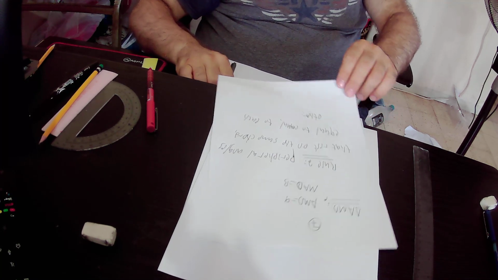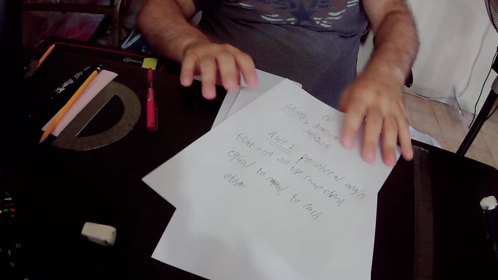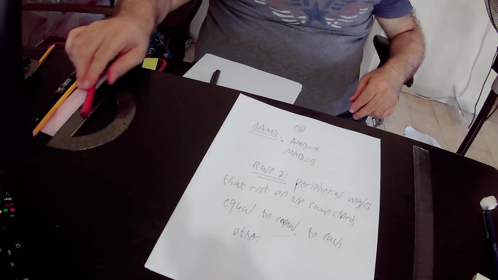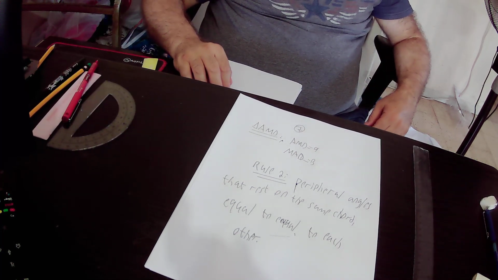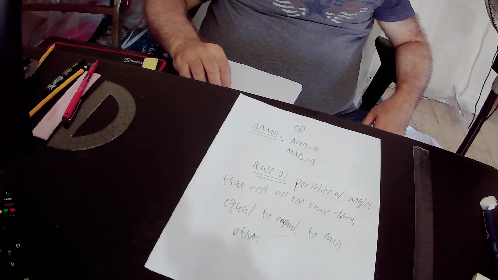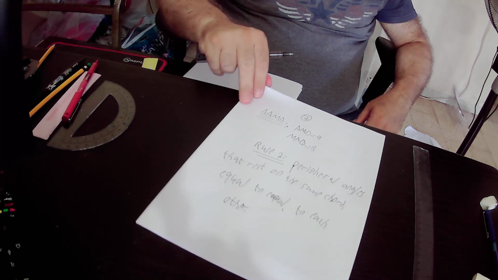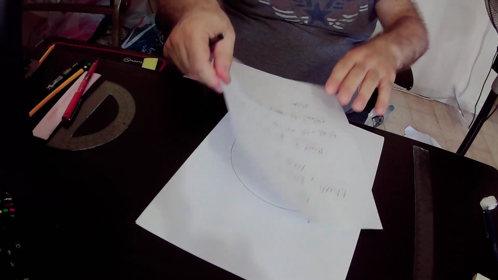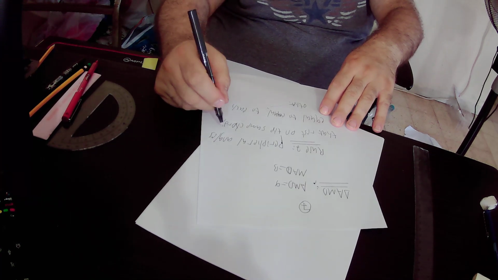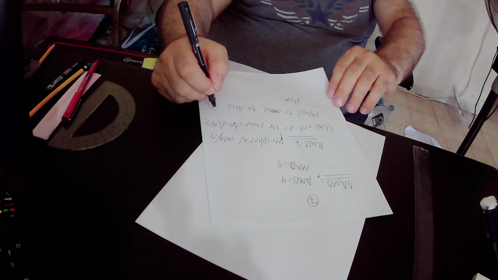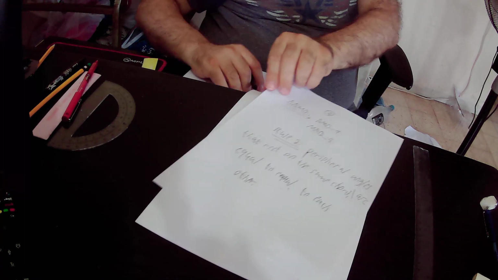So I will read again rule number 2. Rule number 2 states that peripheral angles that rest on the same chord, or you can add same chord or same arc, equal each other.